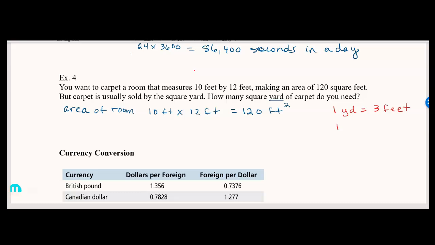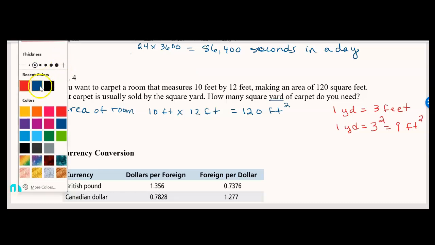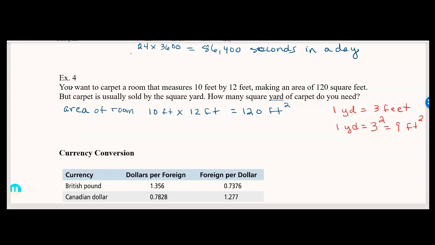So 1 square yard would be 3 squared, or 9 square feet. That's our little conversion that we can do. And that was just math. We went from our basic units to now squared. So there we go. 1 square yard would be 9 square feet.